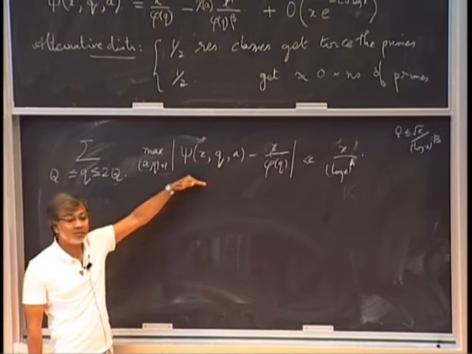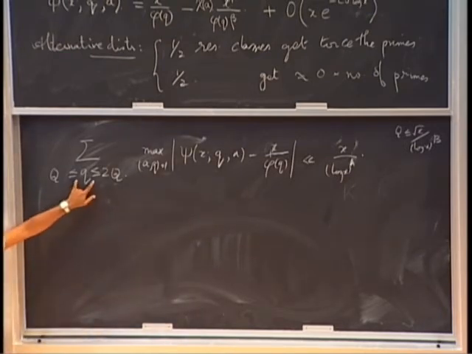And in passing to primitive characters, I would have to look at all divisors of q, right? And then potentially I might land up with a character to a small modulus which has a Siegel zero, right?